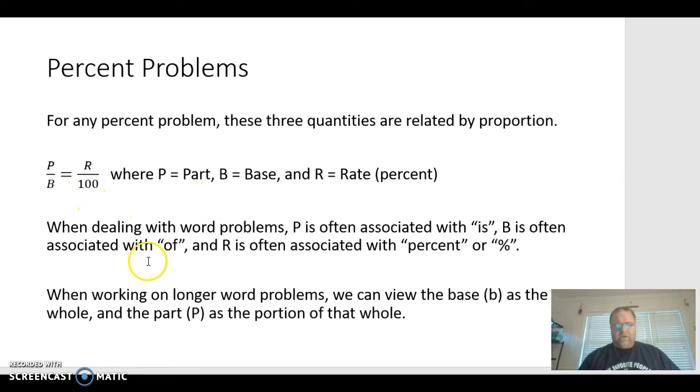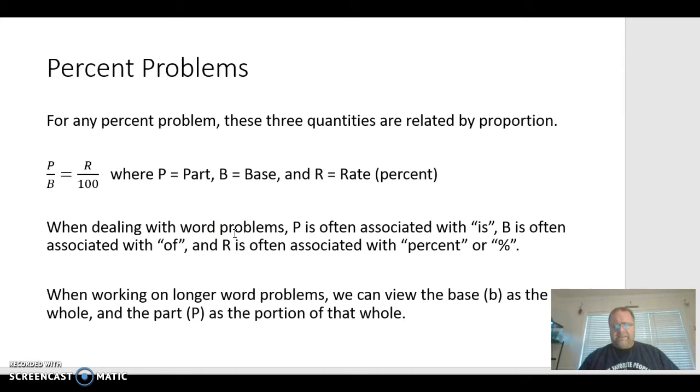All right, so we have a couple of words that help us identify which quantity belongs to which variable. The B is often associated with of. So if you see something that says like of 75 or of 200, that quantity or number is going to go on the denominator of the first ratio. The top of the first ratio, the numerator, is P, and it's often associated with the word is.